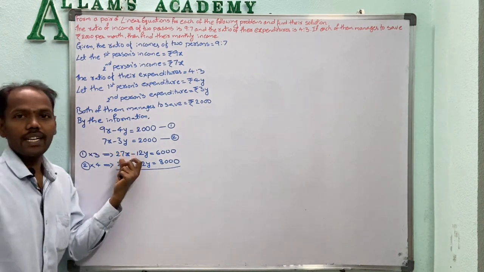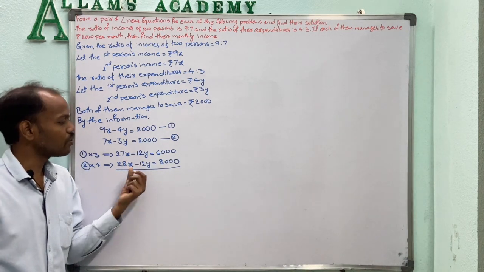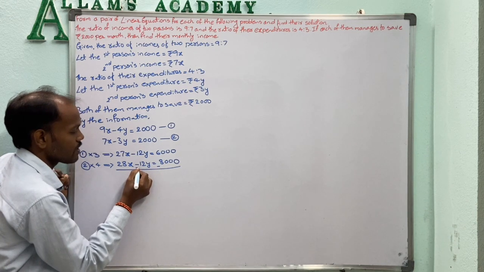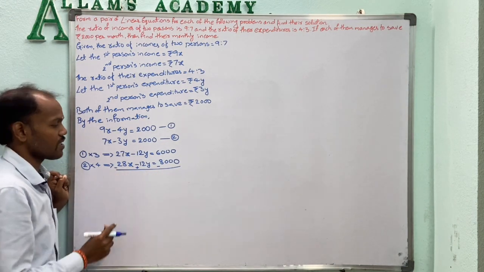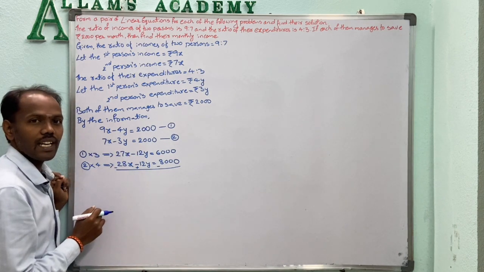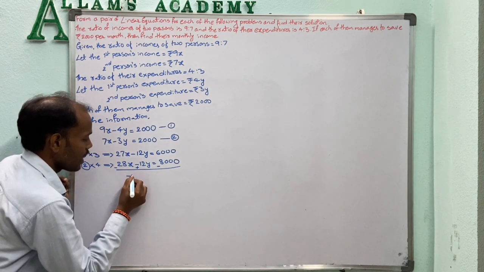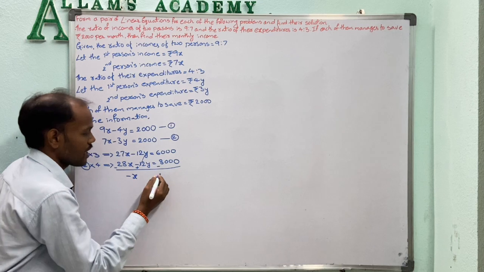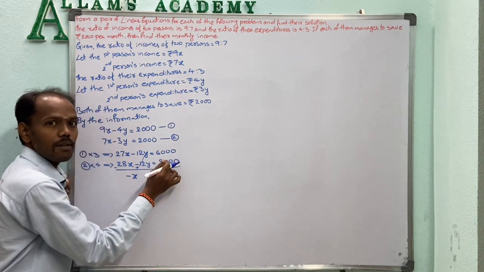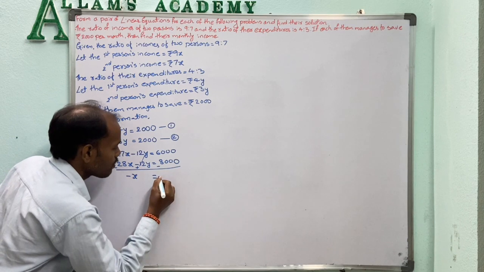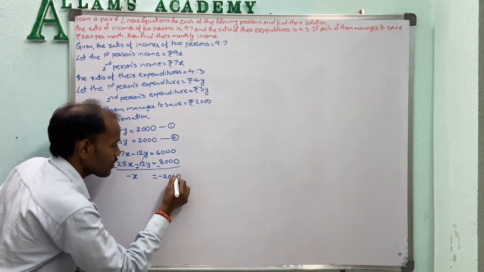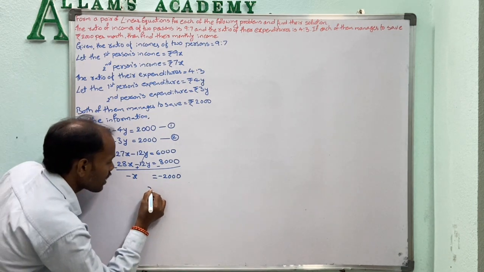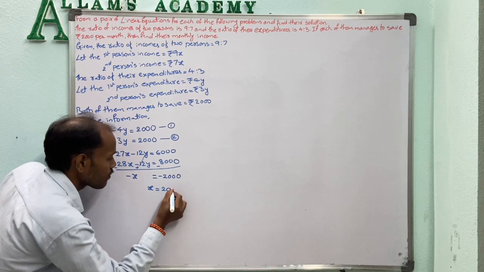Now subtracting the two equations, the signs change: plus becomes minus and minus becomes plus. So 27x minus 28x is nothing but minus x, and minus 12y plus 12y cancel out, equal to 6000 minus 8000, that is minus 2000. So minus x equal to minus 2000, then x equal to 2000.